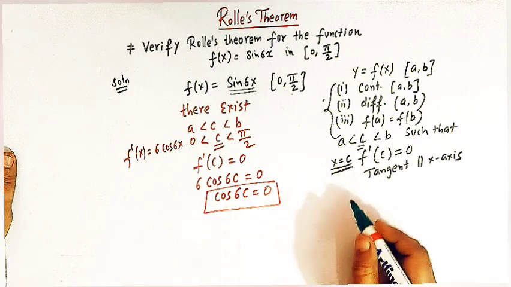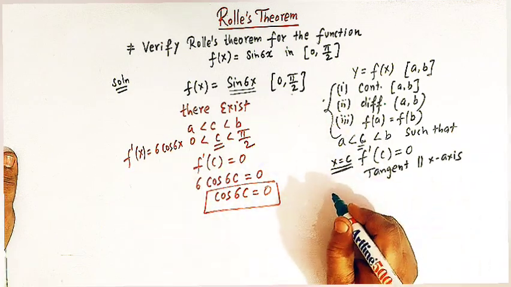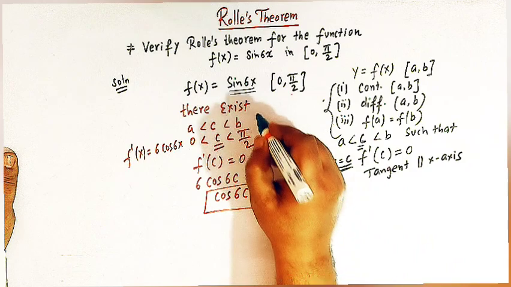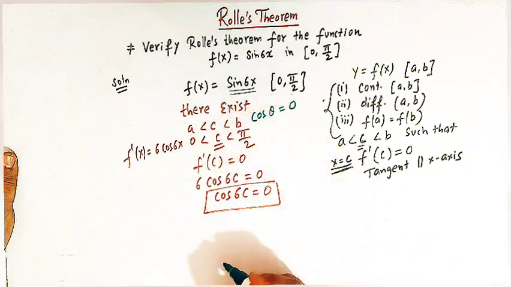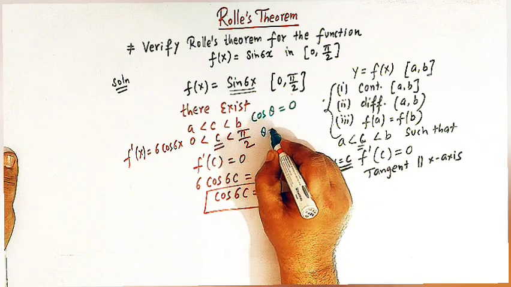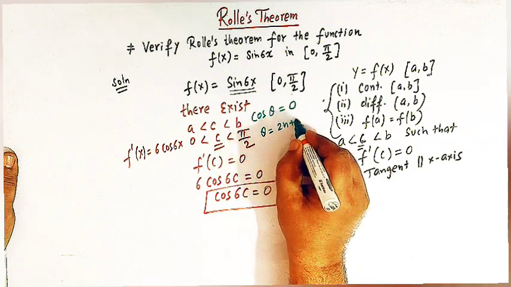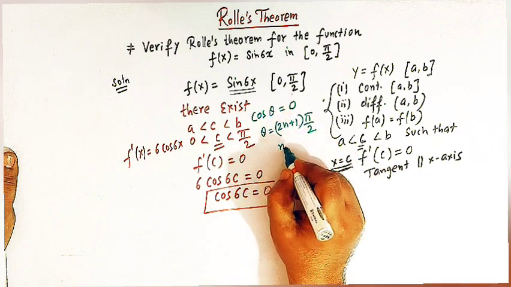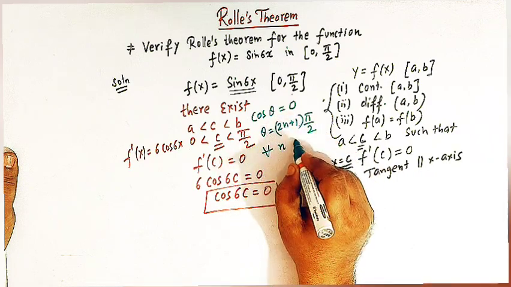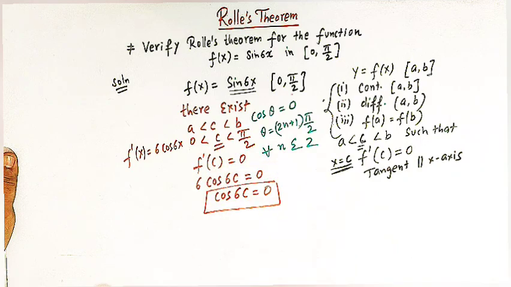So here we'll make use of an important concept from trigonometry, that is if cos of theta is equal to 0, then theta is equal to (2n plus 1) times pi by 2 for all values of n belonging to the set of integers, right?